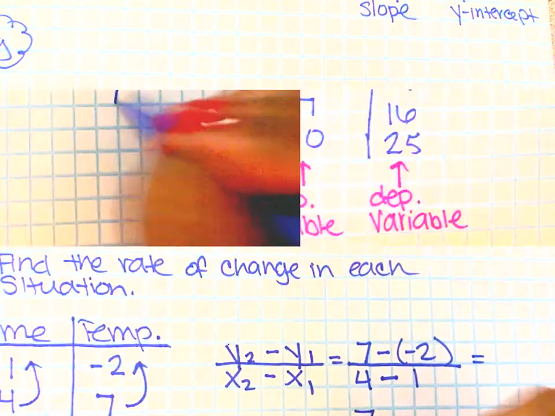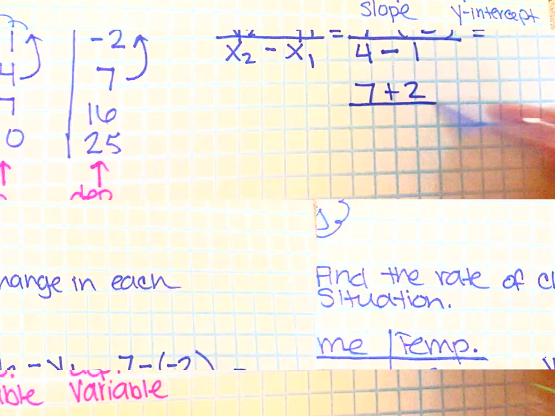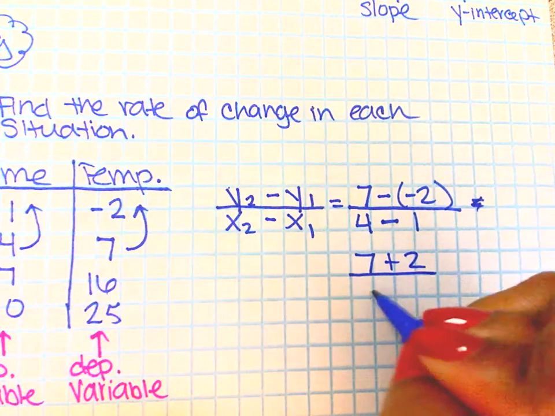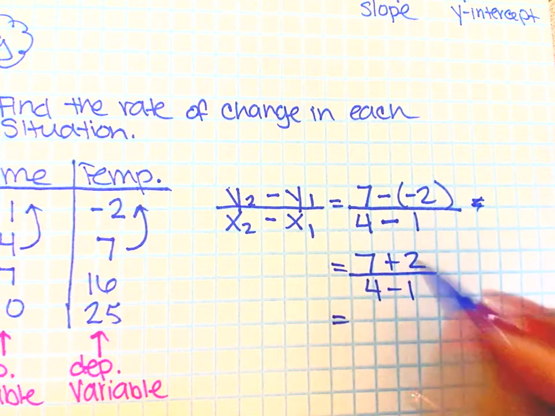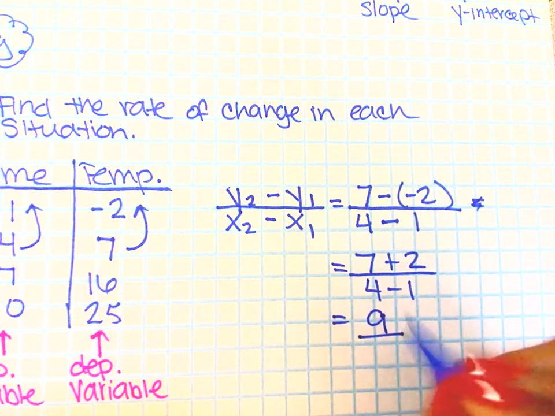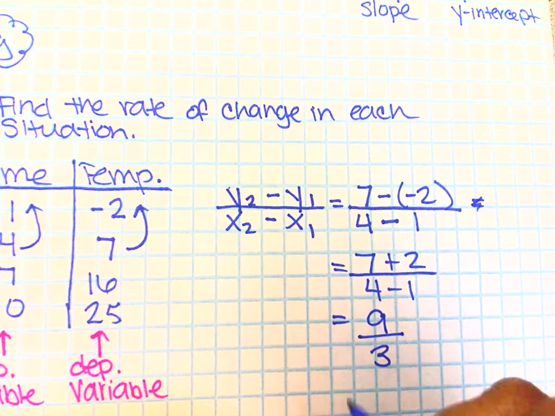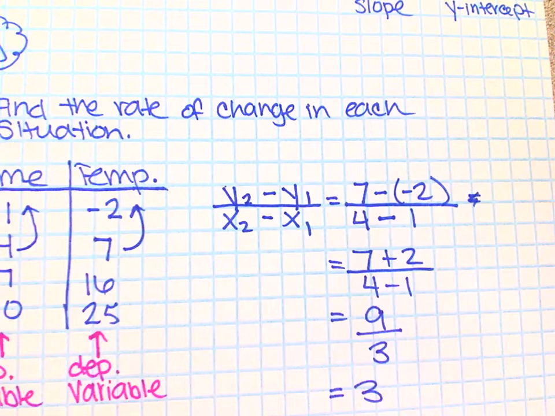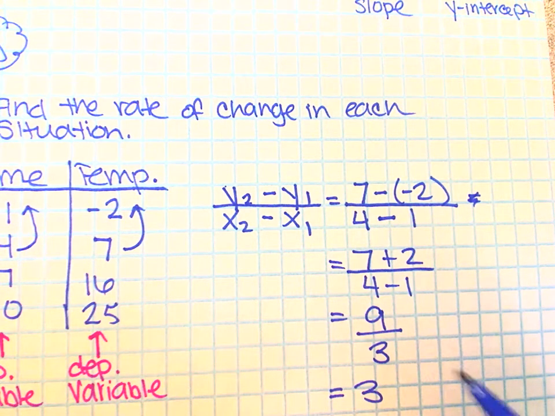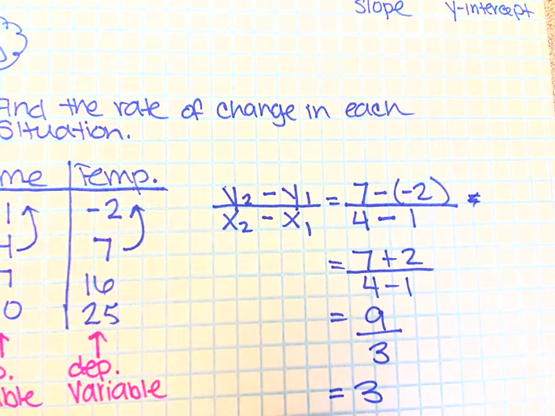That would be 7 plus 2 over 4 minus 1. 7 plus 2 is 9. 4 minus 1 is 3. 9 divided by 3 is 3. That's it. That's the rate of change. So my answer is 3.